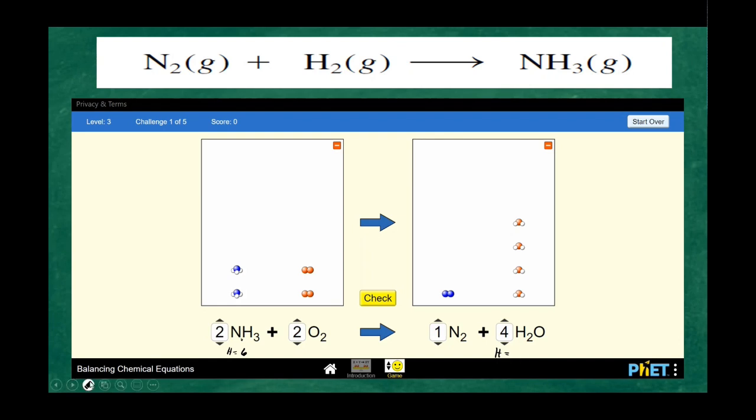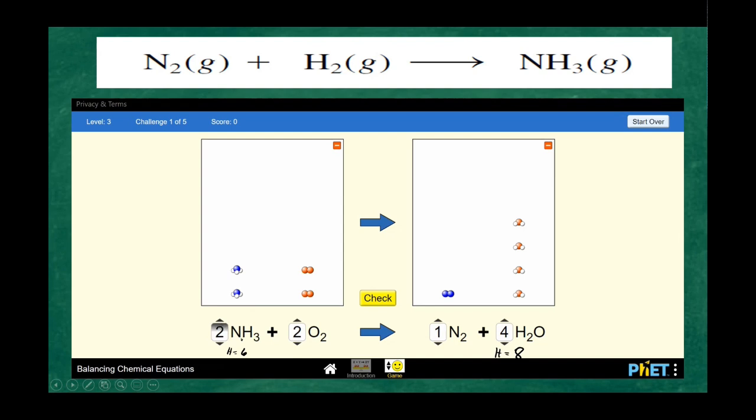Okay, so now it is 8. Our hydrogen is 8, and here our hydrogen is 6. So therefore, we need to increase it again. But if we increase it by 3, 3 times 3, that will be 9. So what will we do? Still, we need to add another coefficient to make the hydrogen equal.